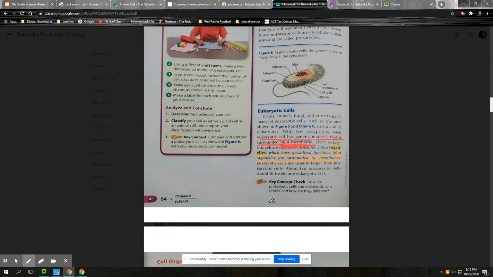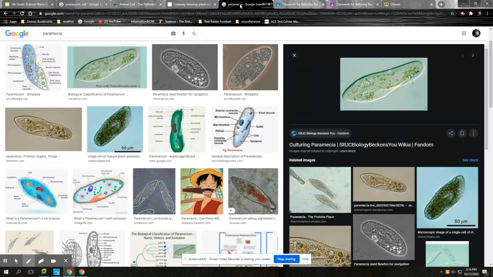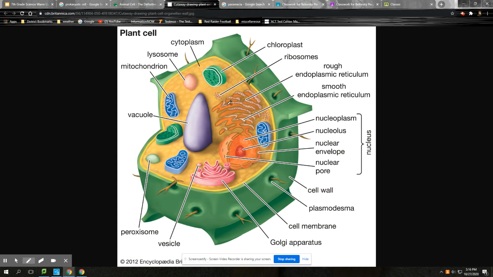In other words, organelles are things that sit inside of a cell and do all these different jobs that I've just got through talking about. Organelle right there, organelle, organelle. All of these things are organelles. These are various things that do different jobs inside the cell.